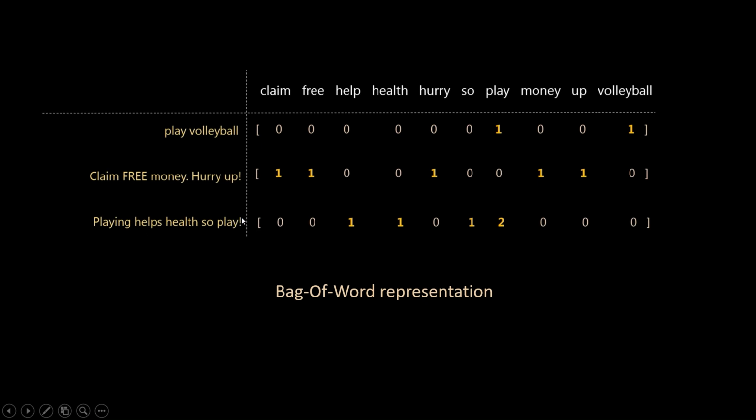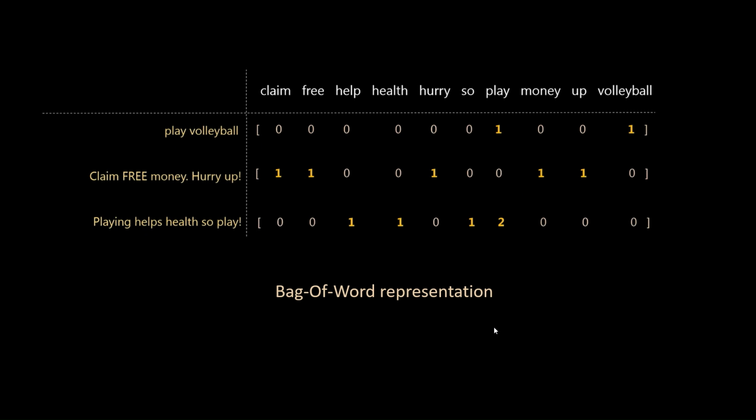In the stop word removal process, the exclamation marks will be removed, so that play is the word that occurred two times in the third document. In this representation, the frequency of each word from the vocabulary that occurred in the document is calculated. Such a representation is called bag of words representation.